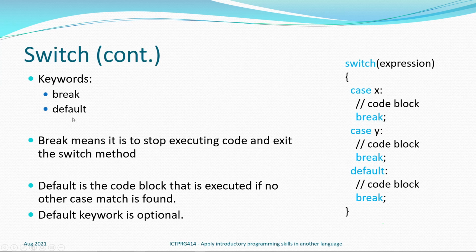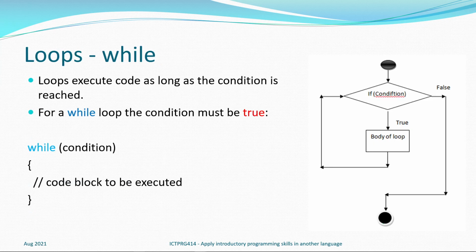So basically we went through the break and default keywords there. Break means to stop executing the code and leave the switch method. And then we have the default, which is executed if no match is found, which doesn't have to be within the switch method. It's optional.